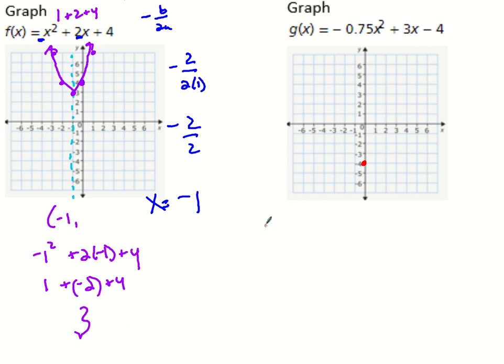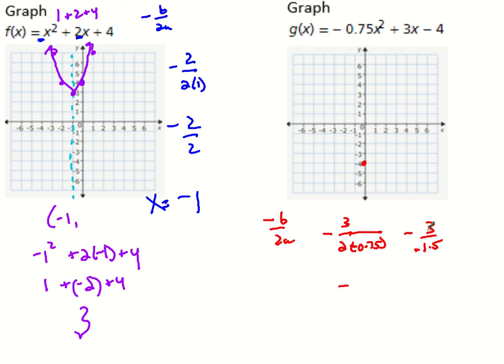Okay, so again, vertex is -b over 2a, so that's negative, the b is 3 over 2 times 0.75. So I have to do 2 times 0.75, that's 1.5. Oh no, I'm sorry, that's negative 1.5. That was almost a mistake.